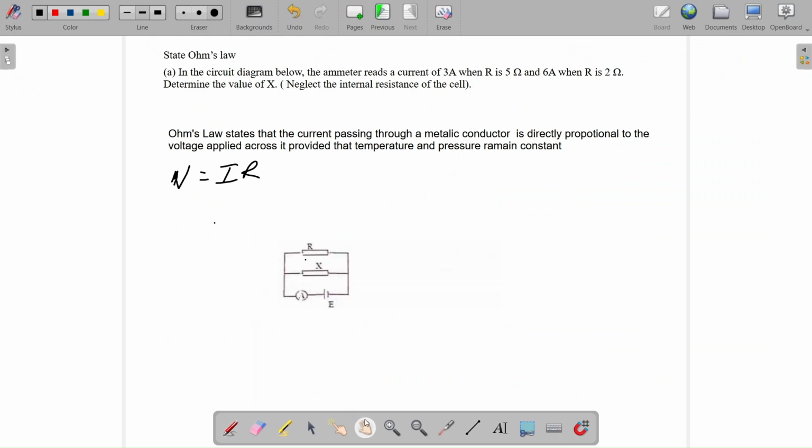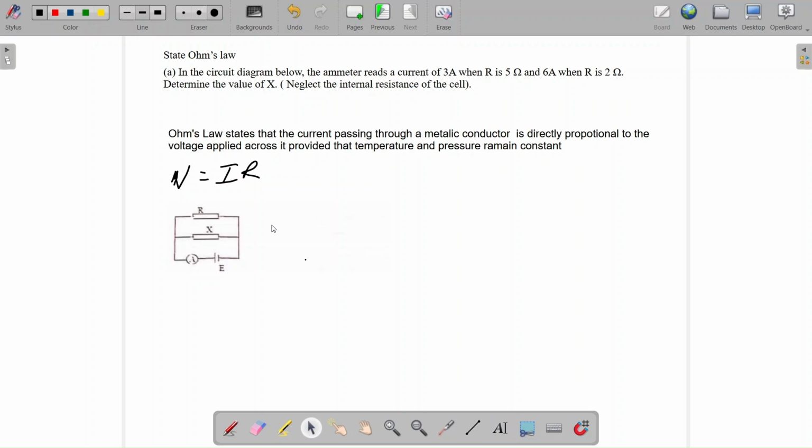So in the circuit below, the ammeter reads a current of 3 amps when R is 5 ohms, and 6 amps when R is 2 ohms.